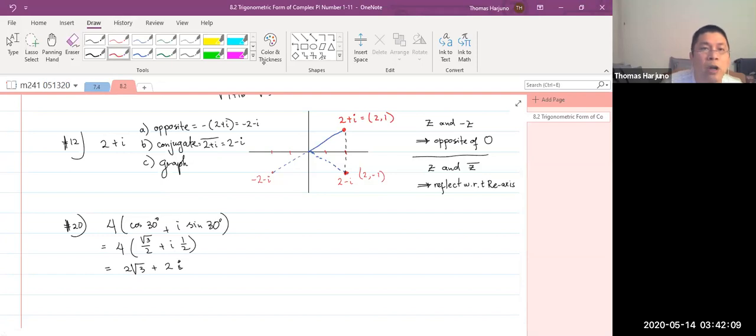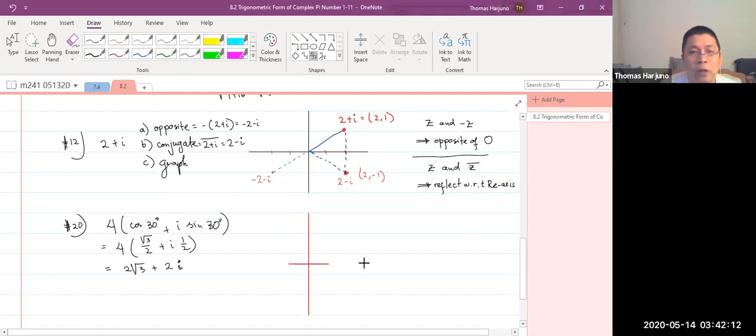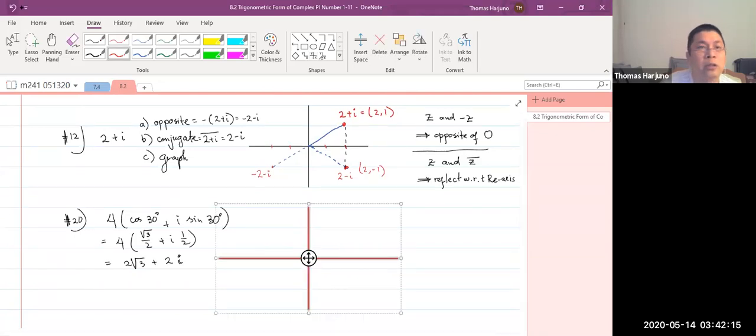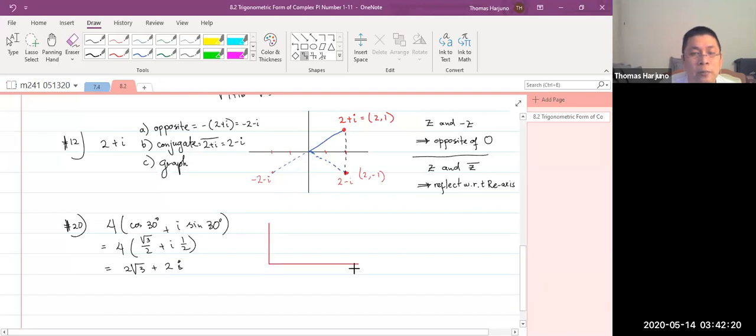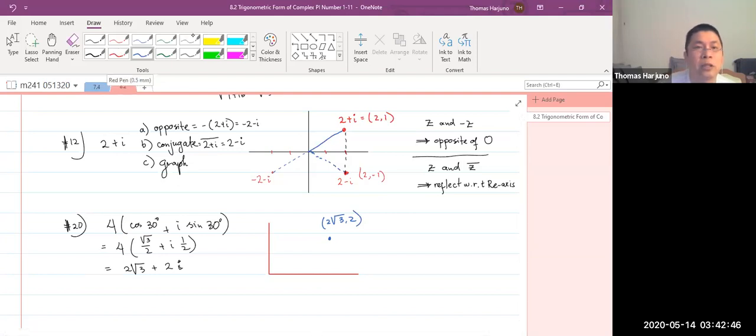If I try to picture that, the position of 2 radical 3 comma 2 will be approximately here. What does it have to do with the radius and the angle? This is the radius.